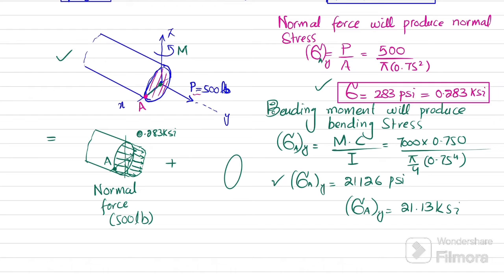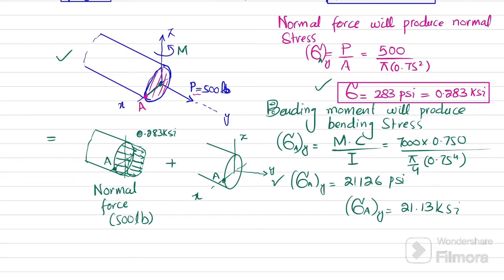Also, if you take this bending moment separately and draw the free body diagram, this is again the cross section of this circular rod. Clear? This is your z-axis, this is your y-axis, and this is your point A. You can see that the bending stresses will be maximum at the outer surface.